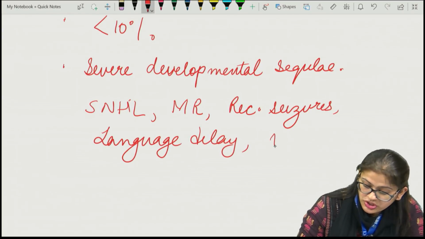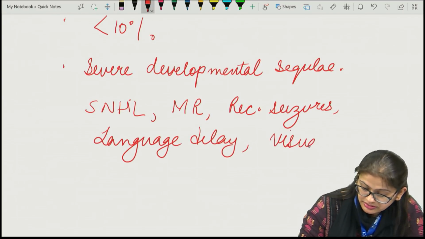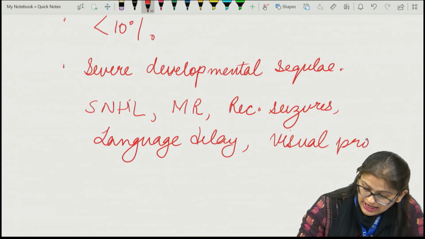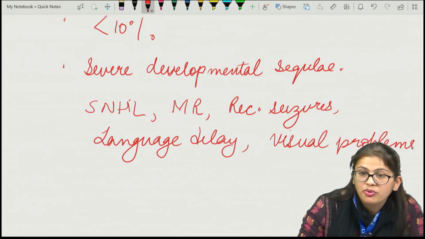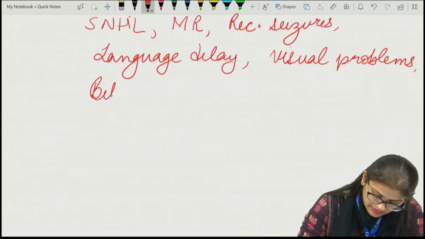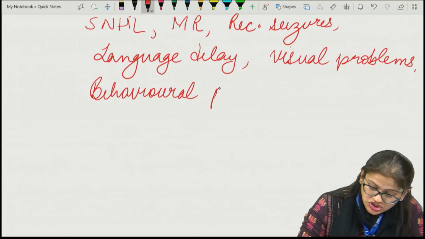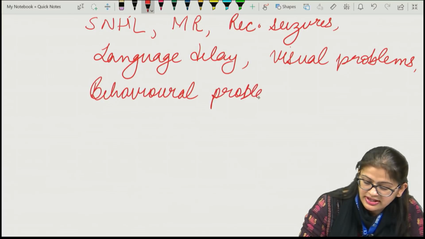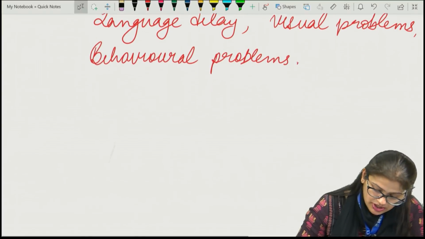There can be visual problems, and at the same time, there can be behavioral problems as well. So a child who has had meningitis can have any of these problems.